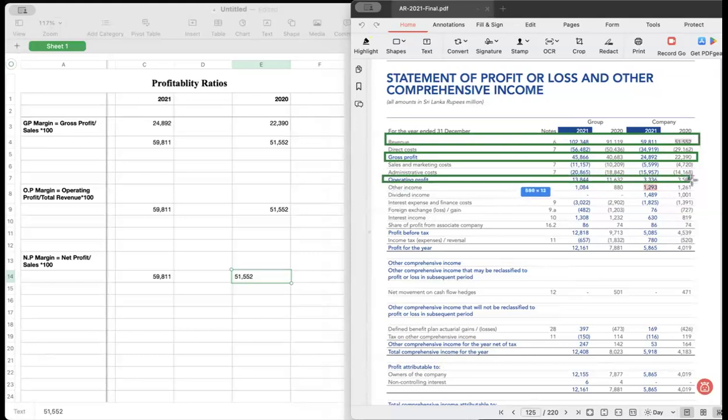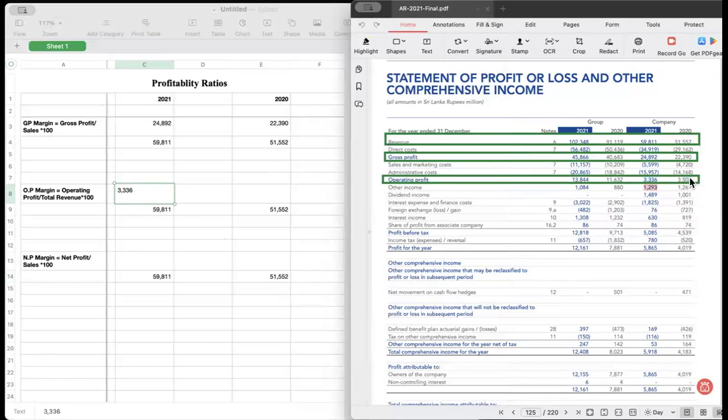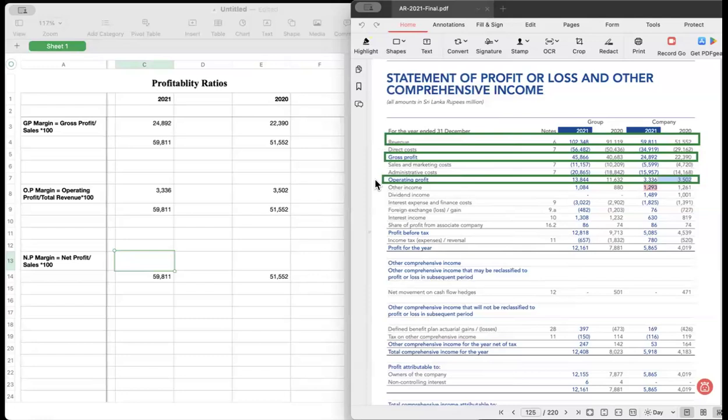Where's operating profit? It's over here. So I'm going to copy paste that, which is 2021 and 2020. You can do the calculation for the gross profit margin. And then you have the net profit over here, all the way down. You get the net profit, which is this one. 5865. 0.4019.